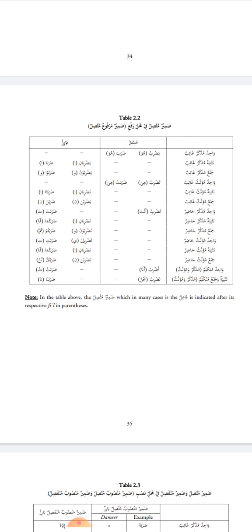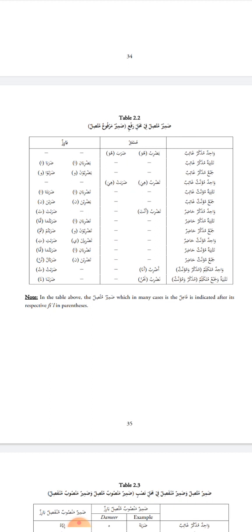And in the siga wahid mutakallim, for both mudhakkar and mu'annath, in adribu, ana dhamir means I, and in nadribu, nahnu dhamir means we. So these dhama'ir are mustatir.